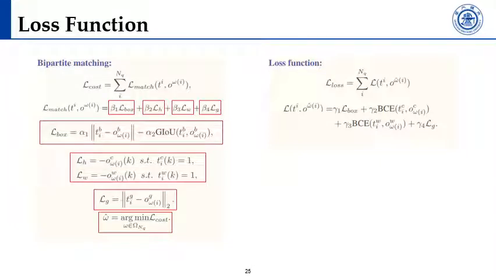LH is the classification loss for the head label, and LW is the classification loss for out-of-frame classification. Both can be implemented by the cross-entropy loss. LG is the L2 loss for gaze target heat map regression. The final loss function is the weighted sum of all these loss functions.